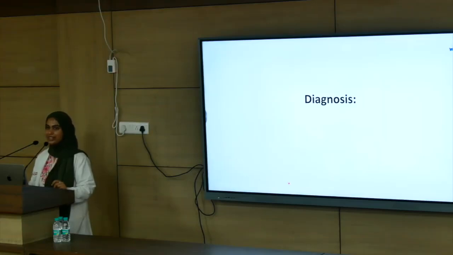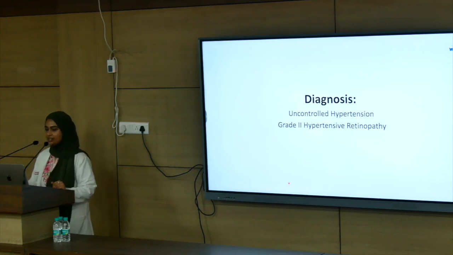Now would anyone like to answer what grading of hypertensive retinopathy it could be, since it involved arteriovenous nicking and copper wiring and arteriolar attenuation? Yes. So we diagnosed the patient with uncontrolled hypertension and grade 2 hypertensive retinopathy.